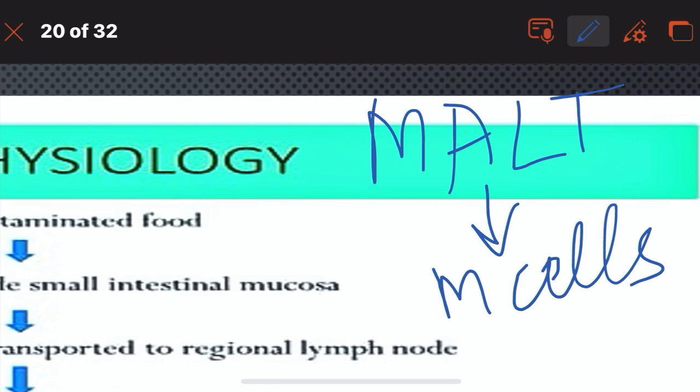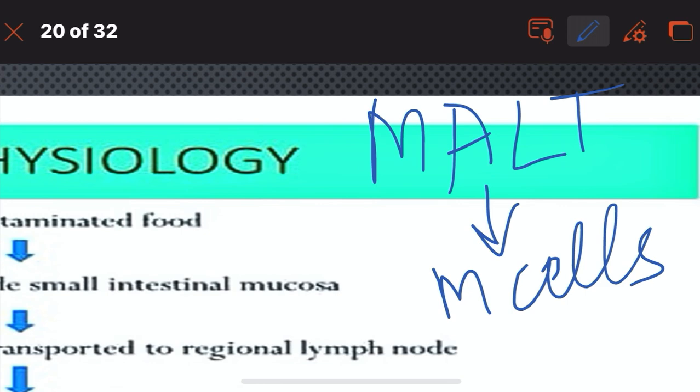MALT is nothing but mucosa associated lymphoid tissue. That is a diffuse system of lymphoid tissue which is found throughout the body. And these lymphoid tissues stay in close contact with the mucosal surface, and they play a very crucial part of the mucosal immune system.